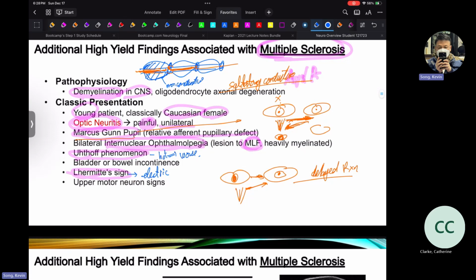That's the Lhermitte sign. And the Uhthoff phenomenon means your symptoms get worse when it's hot. So those people who are rich but have multiple sclerosis usually have two houses, one in a cold area and one in Arizona. In winter time they go to Arizona, and in summertime they come to the northern part, like Nova Scotia, because in the summertime their symptoms will be very bad.